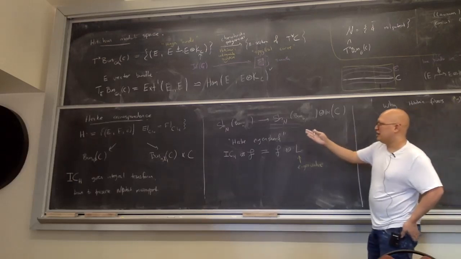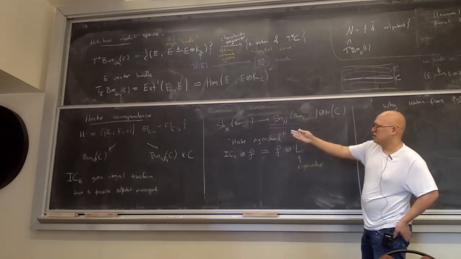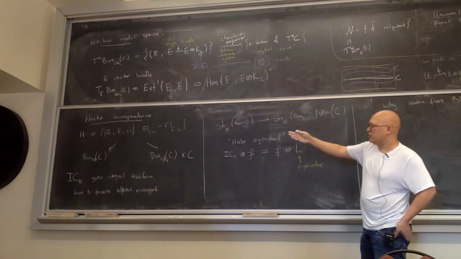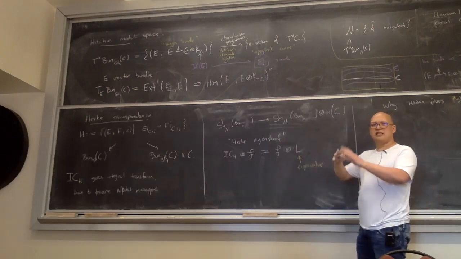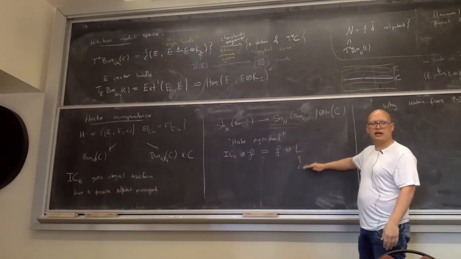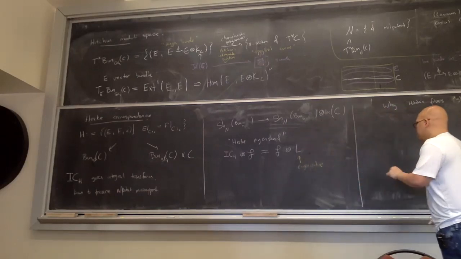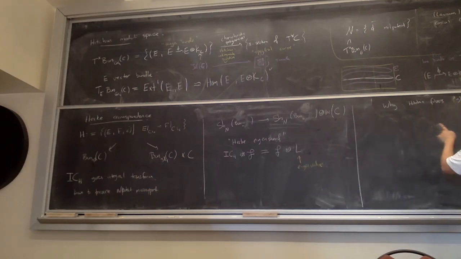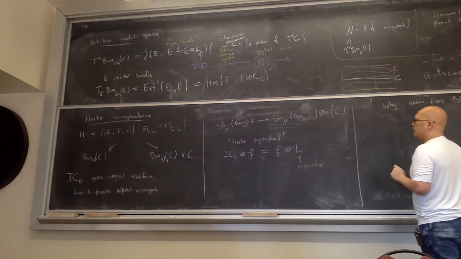For the Hecke operators, there are more Hecke operators whose eigenvalue will be some function of that rank n local system, but the basic one has some rank n. You'll see why in a few seconds. So why Hitchin fibers should give eigenvalues.